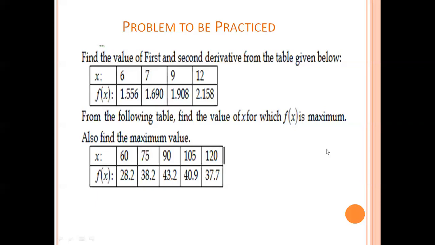In the second problem, x values are 60, 75, 90, 105, 120 and f(x) values are 28.2, 38.2, 43.2, 40.9 and 37.7. So we can find the first derivative and the second derivative like in the previous problems.